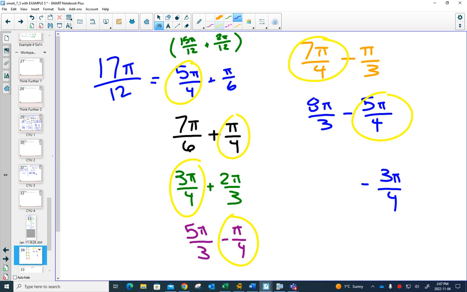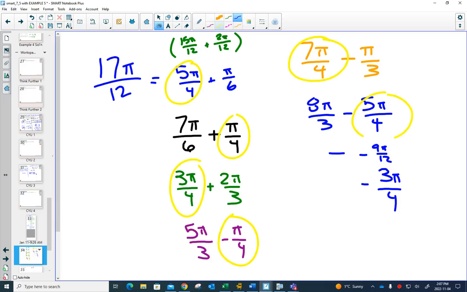Now, minus 3 pi over 4 happens to be minus 15 pi over 12, right? Because if you multiply it, no, oops. It happens to be minus 9 pi over 12, right? What would have to have been first to get 17?